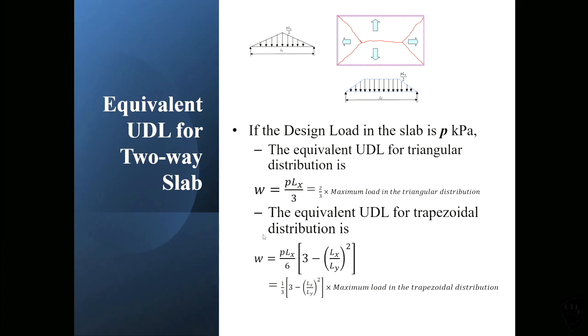When you have this load transfer, as we discussed earlier, and I put a separate video for the load estimation, it will have a triangle distribution on one side and a trapezoidal distribution on the other side. But we know, I think we discussed this in the beam design, we need the equivalent load.